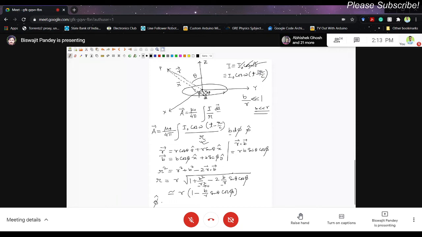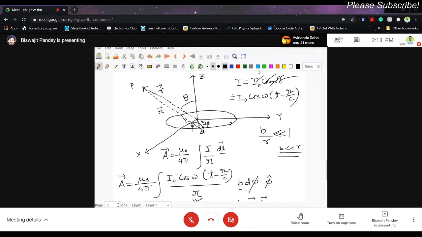Phi cap is simply minus x cap sine phi plus y cap cos phi. In order to understand this, let us briefly discuss how this comes. This is straightforward.